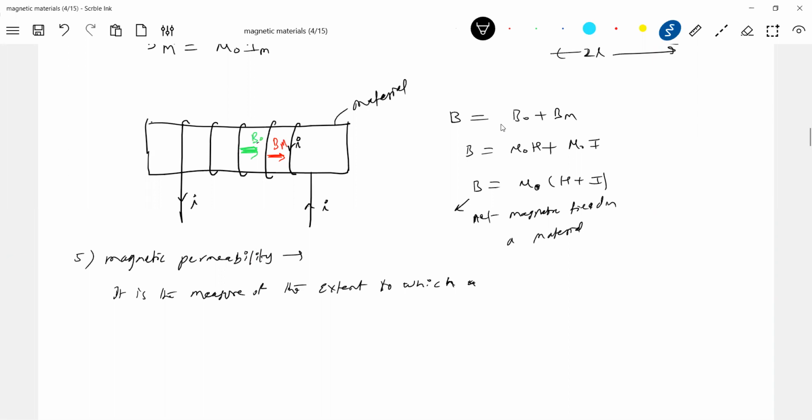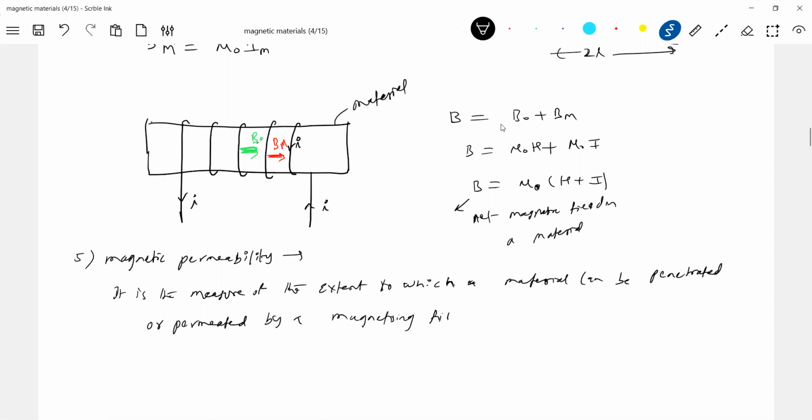It is the measure of the extent to which a material can be penetrated or permeated by an external or magnetizing field.